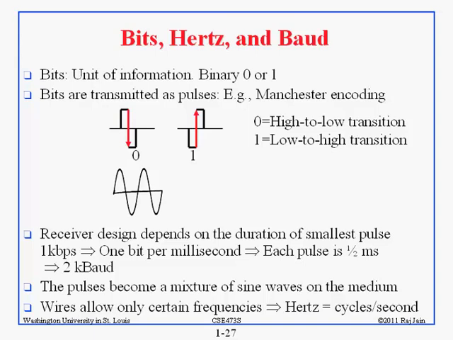Now let me tell you why we worry about bits, baud and hertz. Because the sender cares only for the bits. The sender wants to send as many bits as they can send. They want to send 2000 bits or 10 megabits or 10 gigabits. The sender only wants to send bits. But the receiver cares only for the baud.